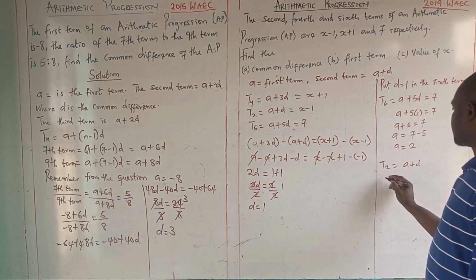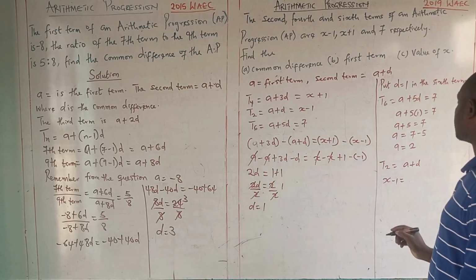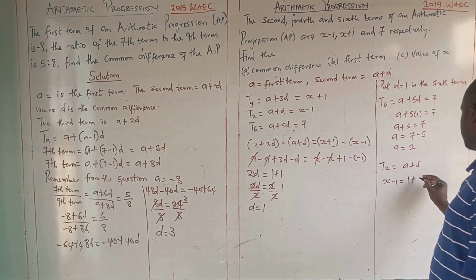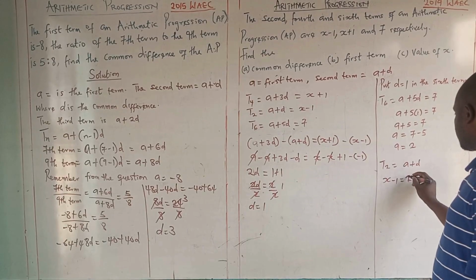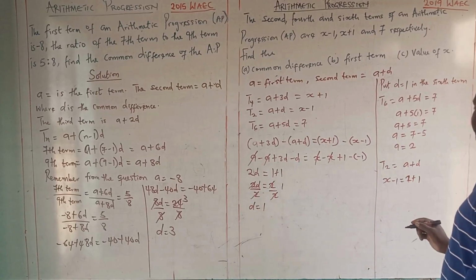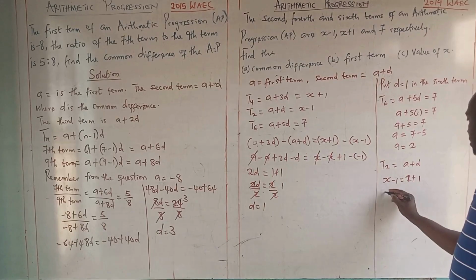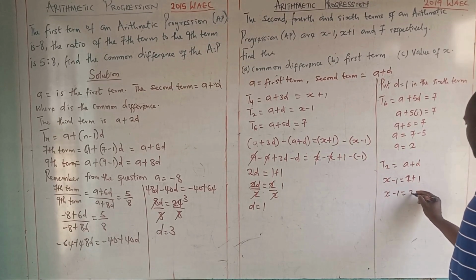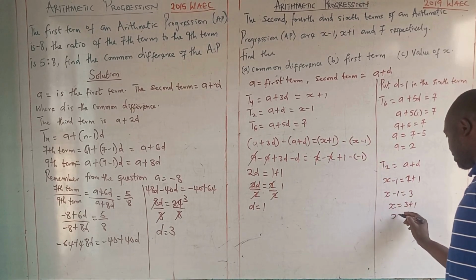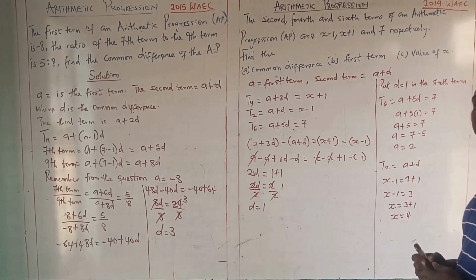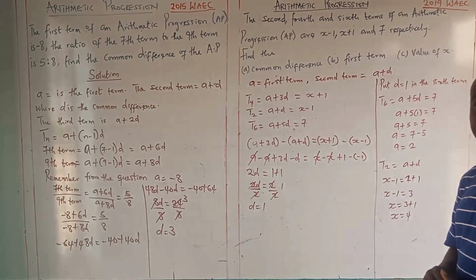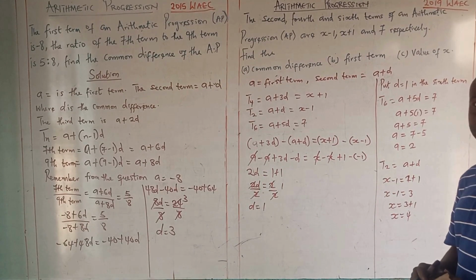Now, T2, as we are given, is x minus 1, equals our a that we found, 2, plus d that we found, 1. That means x minus 1 equals 3. That means x equals 3 plus 1. That means x equals 4. And that solves the WAEC question on arithmetic progression in the year 2019.